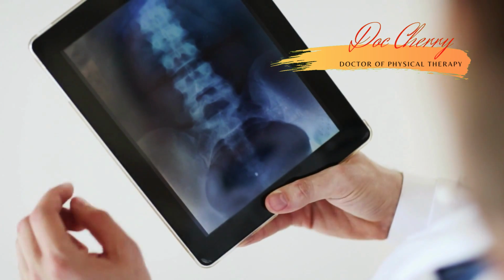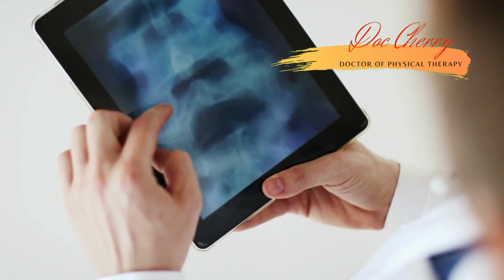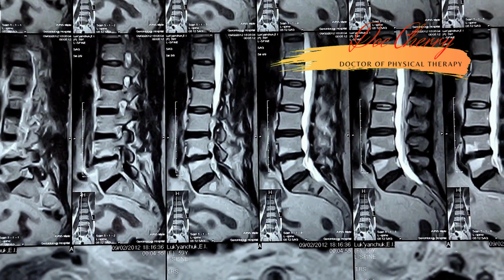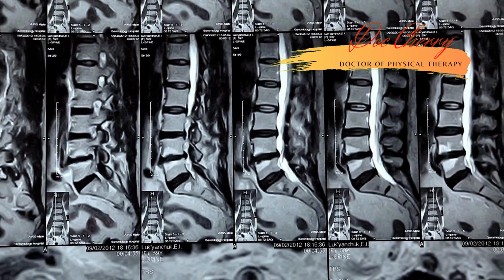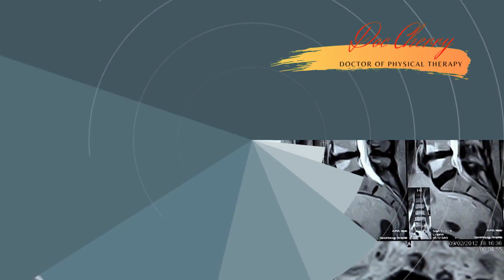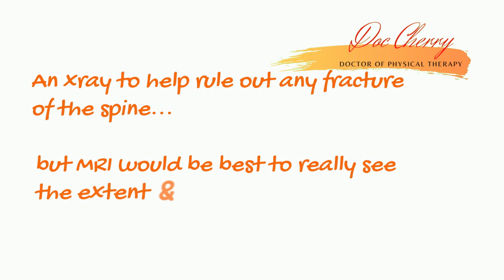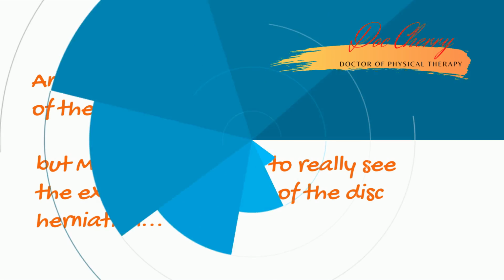X-ray is very important, especially if you have incurred trauma or any accident, to rule out any fracture of the spine, but an MRI or CT scan is really the best choice for us to view the extent and the exact stage of the disc herniation.